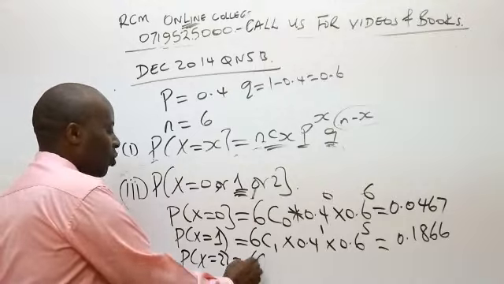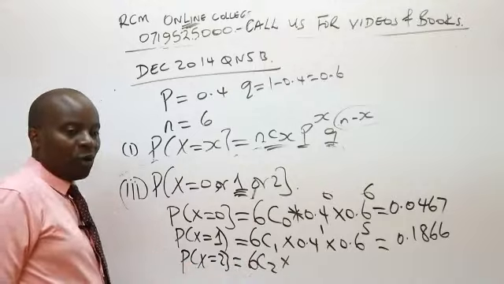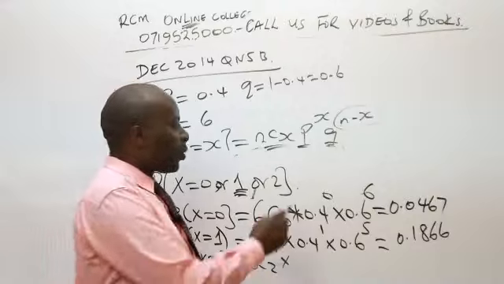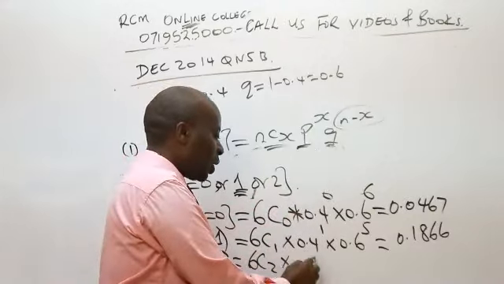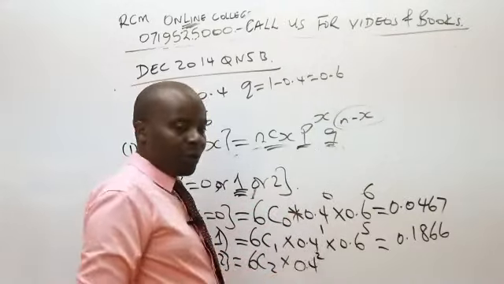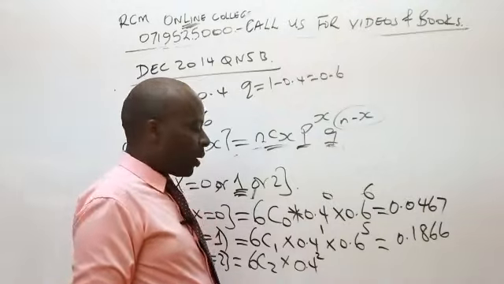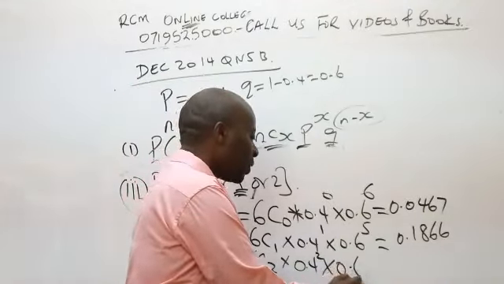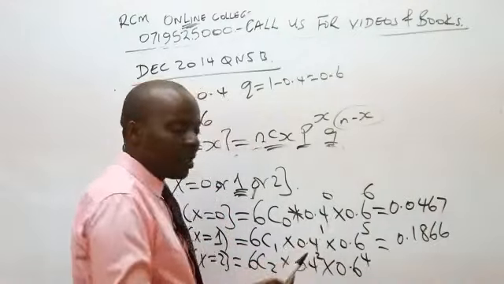And then we have probability of X being equal to 2. So this will be 6 combinations 2. I hope you are able to follow. We have probability of success, which is 0.4 raised to power 2. The 0.6 this time around will be raised to power 4, given the concept of balancing.